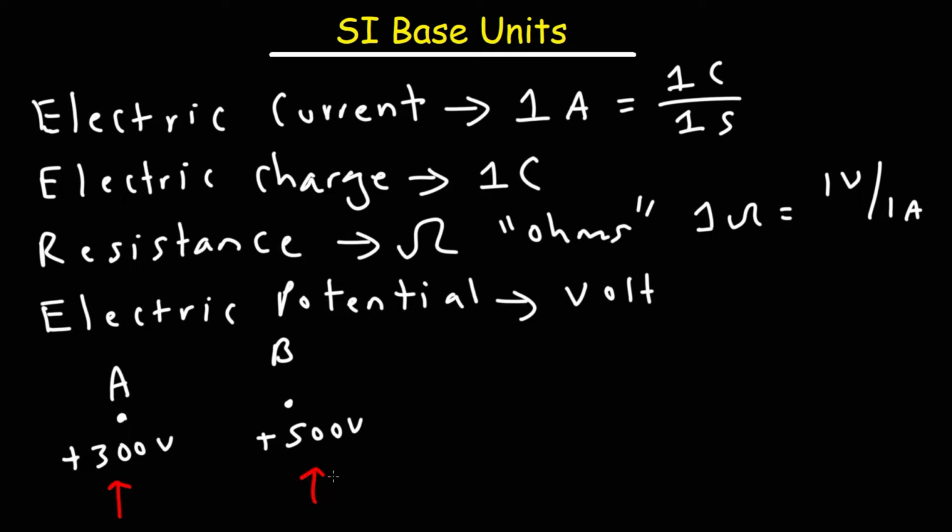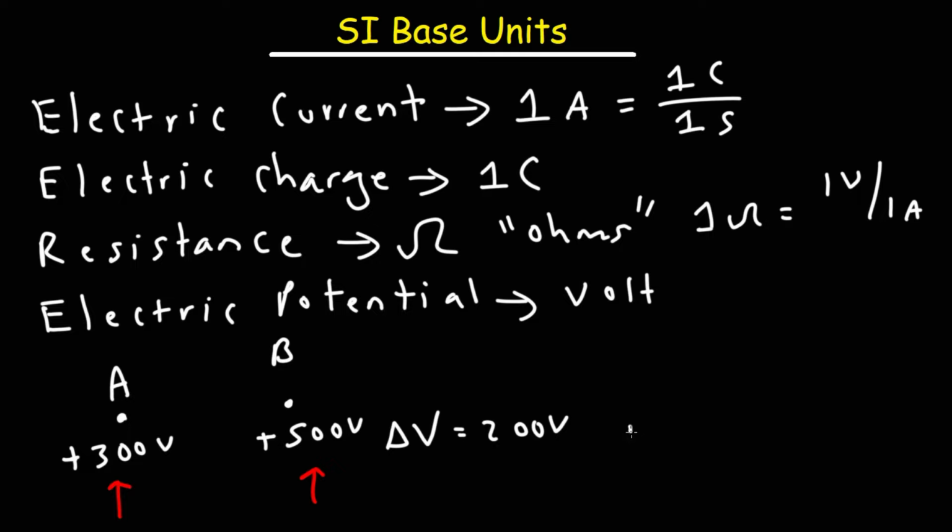They represent electric potential, and it's specific to a point in space. Voltage is the difference between those 2 points. So voltage is electric potential difference. The voltage between those 2 points is 200 volts. So when dealing with voltage, you need to compare the electric potential of 2 points. If you just have 1 point, you're talking about electric potential and not voltage. However, both electric potential and voltage have the same unit, which is the volt.